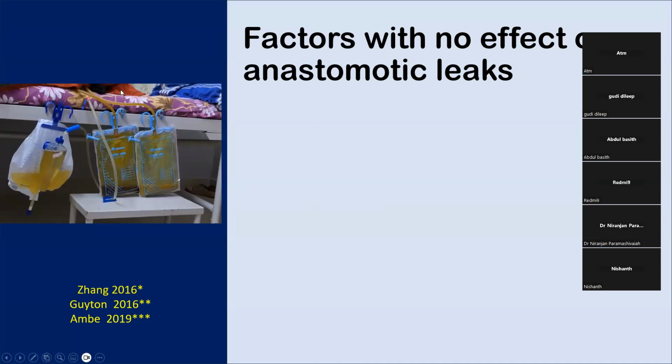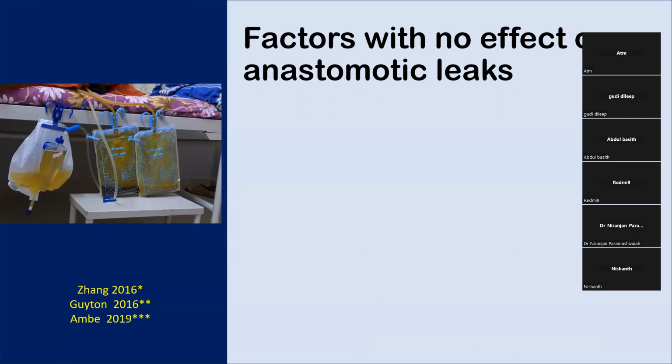Sorry, I could not get the question, sir. There are several things that we do when we do an anastomosis with a feeling that may have a positive effect on the leak rates, in the sense that the leak rates will be lower. These are several things that we do as surgeons, but which actually are not supported by evidence.